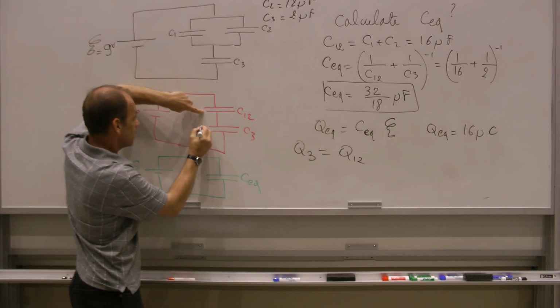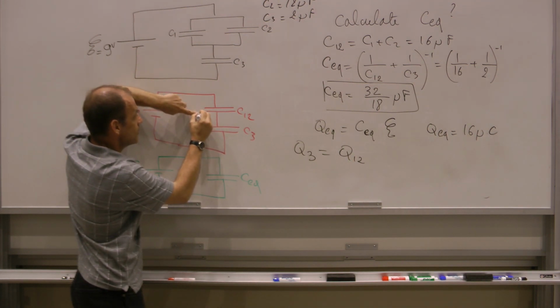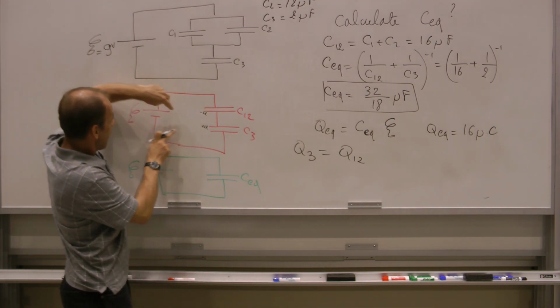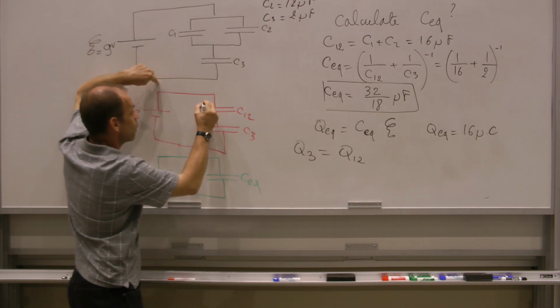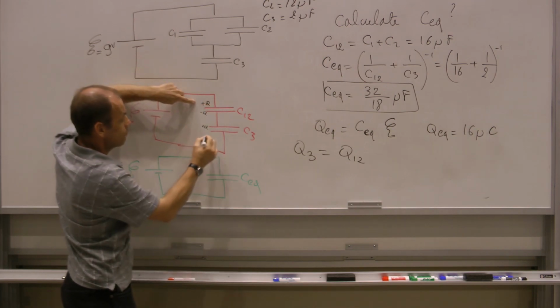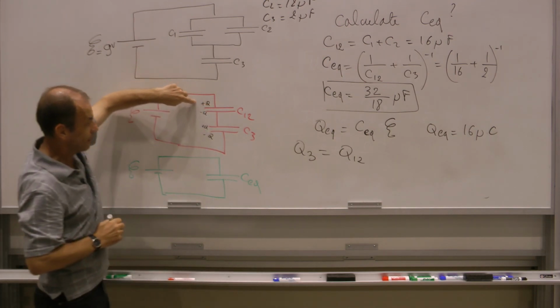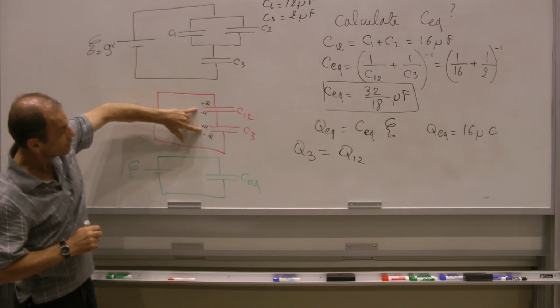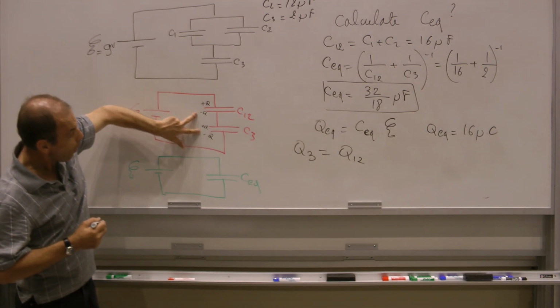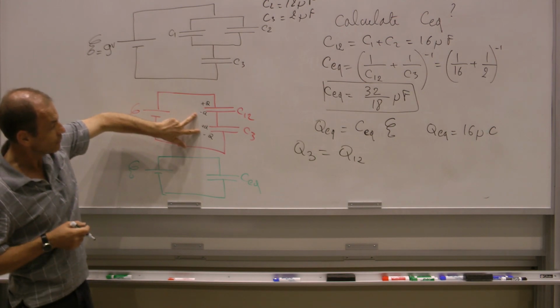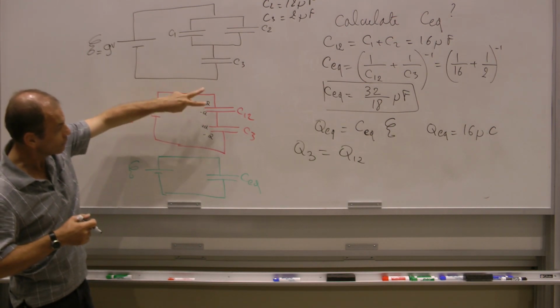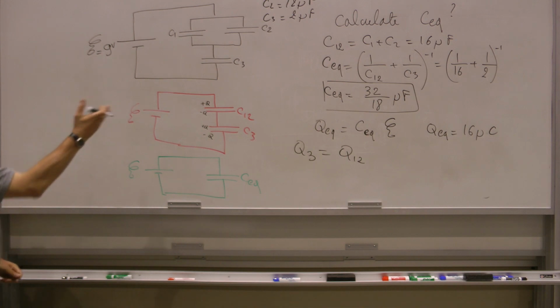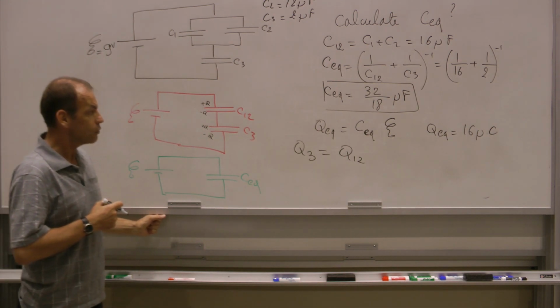One will be a positive Q, and the other will be a negative Q. Every time you have capacitors in series, initially uncharged, they will hold the same charge. In fact, even if they were initially charged, when you connect them in series, they will share that charge. So this is that situation, Q3 equals Q12.